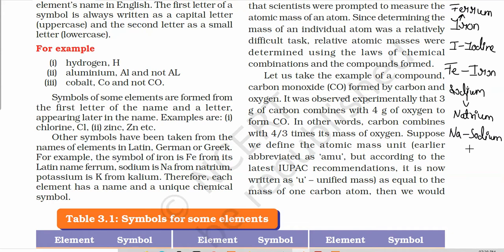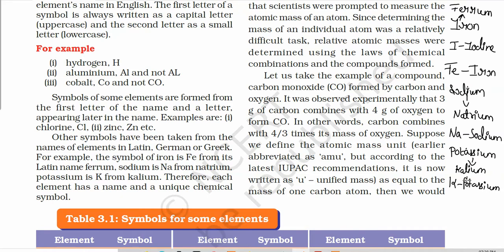For potassium, the Latin name is kalium. Hence the symbol K is used for representing the potassium element.